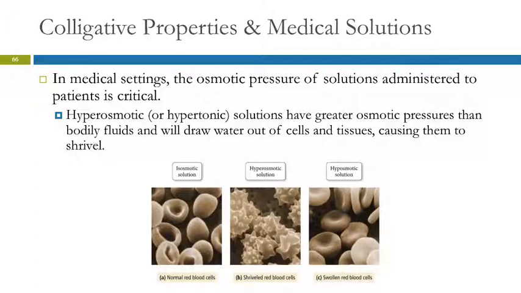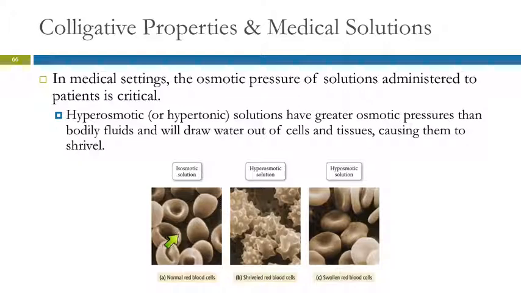So a hyperosmotic or hypertonic solution has a greater osmotic pressure than body fluids, and so will draw water out of the cells. Hyperosmotic solution causes red blood cells to shrivel up because the solution outside the cell is more concentrated, and so it pulls water out of the cells.